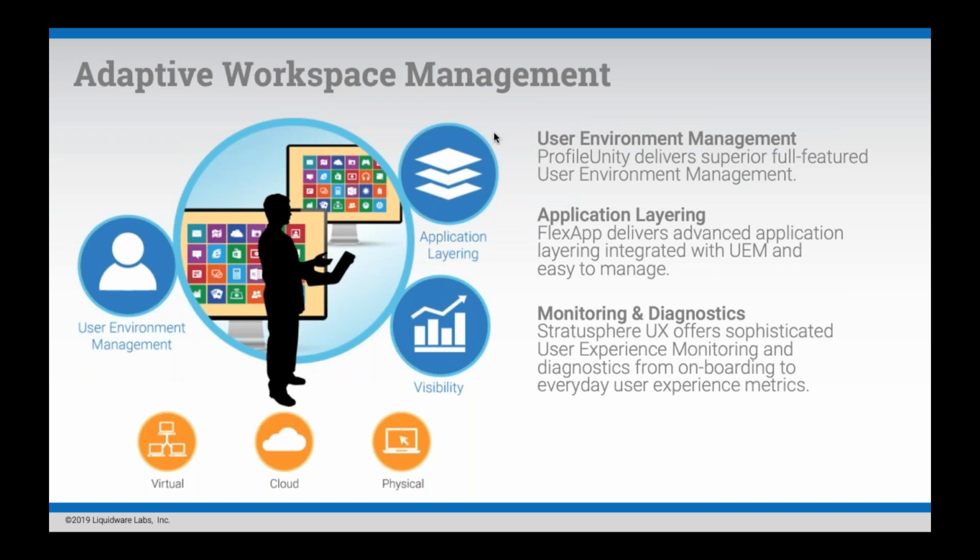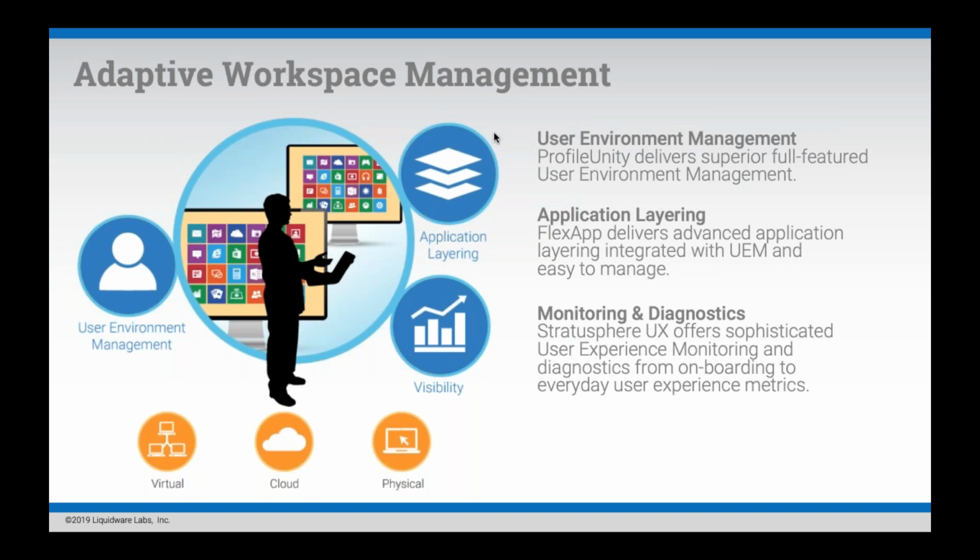So first, I just want to run over this slide here. We offer essentially three pillars, three products within our suite. The first is user environment management and profile management. Environment management means setting registry settings, printers, mapping drives, setting backgrounds, all sorts of things, basically setting up the user environment and enforcing that user environment if you so choose.